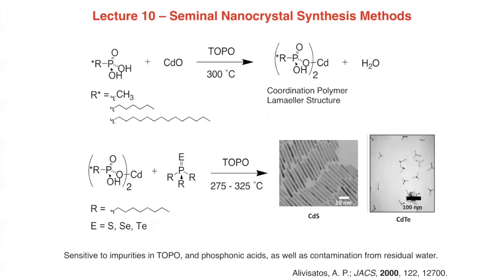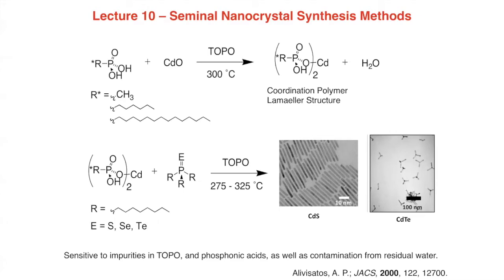Now, one more paper. Slowly people realized that these impurities in trioctyl phosphine oxide were doing the job. One of them is this phosphonic acid molecule shown in the upper left, and phosphonic acids make a complex with cadmium that can also be formed by reaction with cadmium oxide and elimination of water.